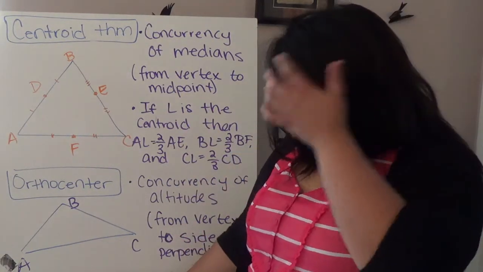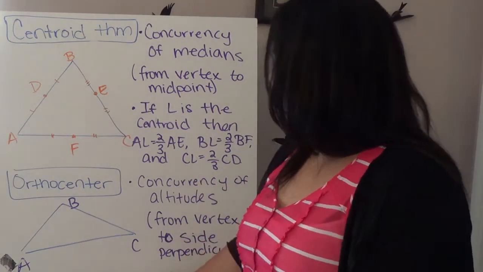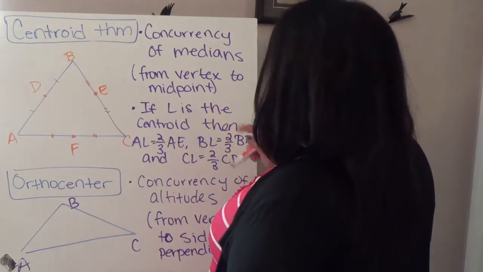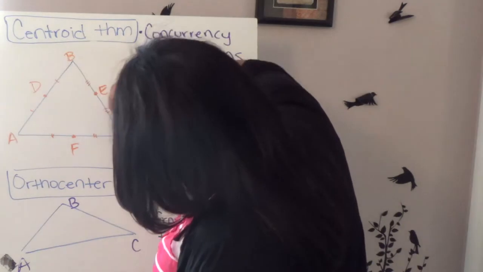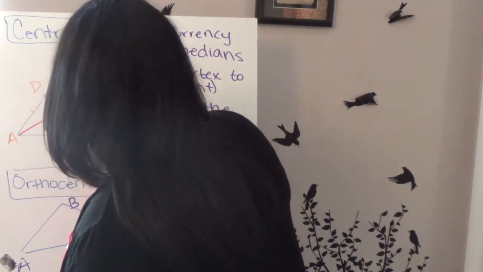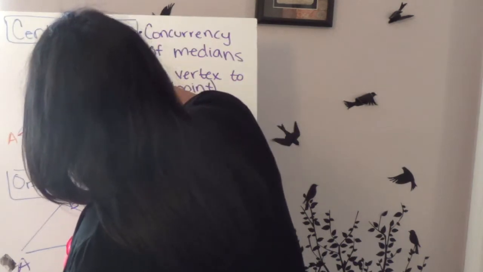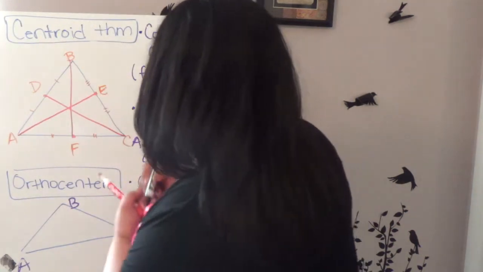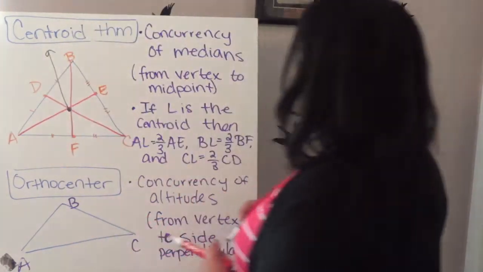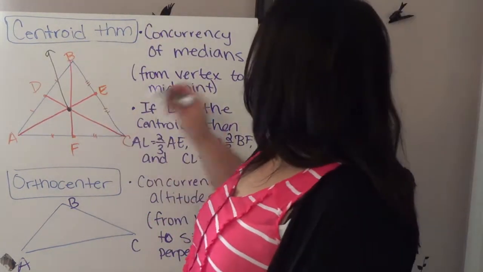So I find the middle of each line, and then I go from the vertex to the middle. This point right here is a centroid. And these are all medians right here.